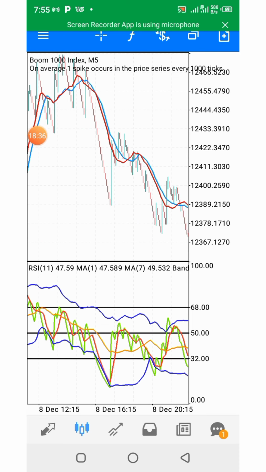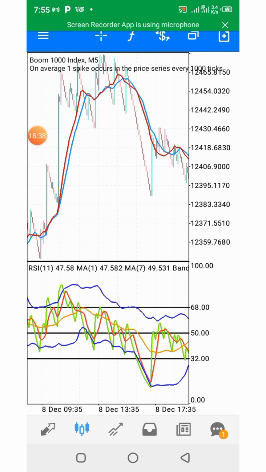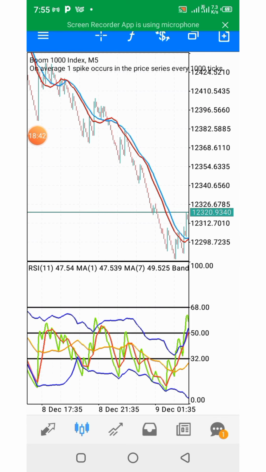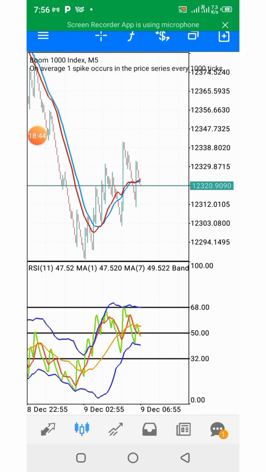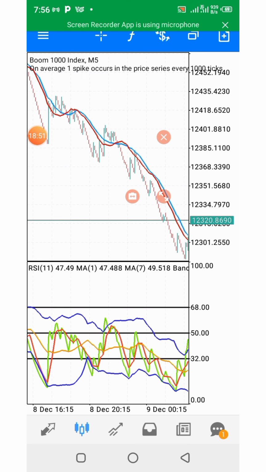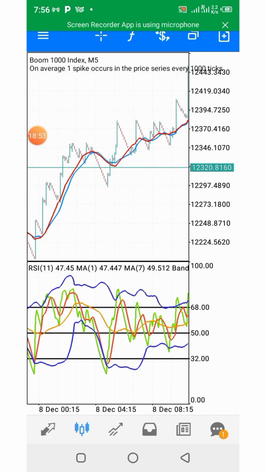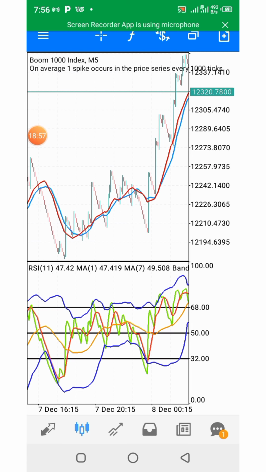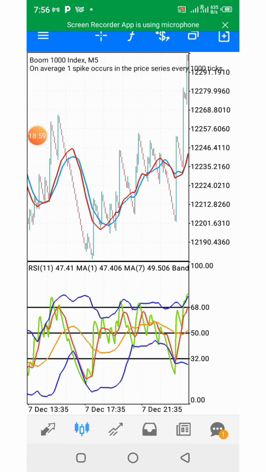Look at it guys. When it crosses, you ride the market down. You see, when it crosses here, you start buying the market. At this point, you are selling the market down. You see, at this point when it crosses, you start buying the market.